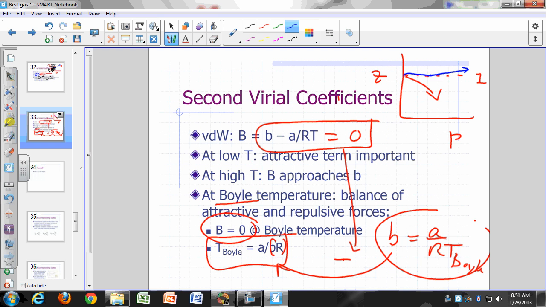Z is very close to 1. And then at very high temperatures, what happens? You have a positive second virial coefficient. So this is your high T, this is your low T, and this one is your Boyle temperature right here.